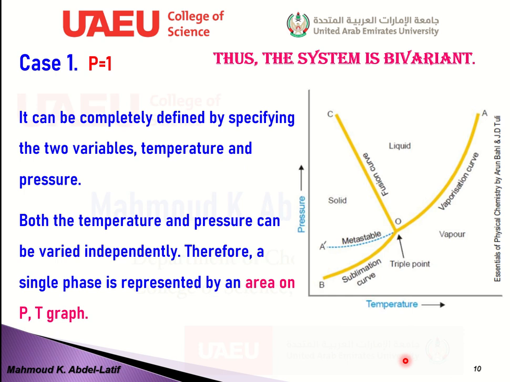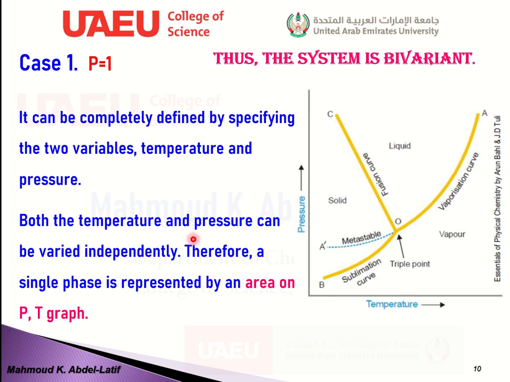Okay, so you have one phase. The system is bivariant from the relationship of the Gibbs phase rule, and it means it can be completely defined by specifying two variables. In that case, it will be temperature and pressure.